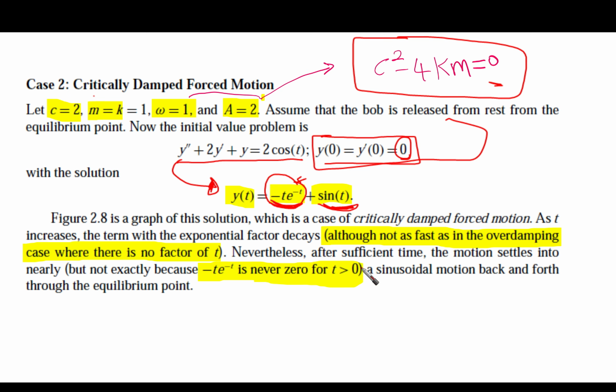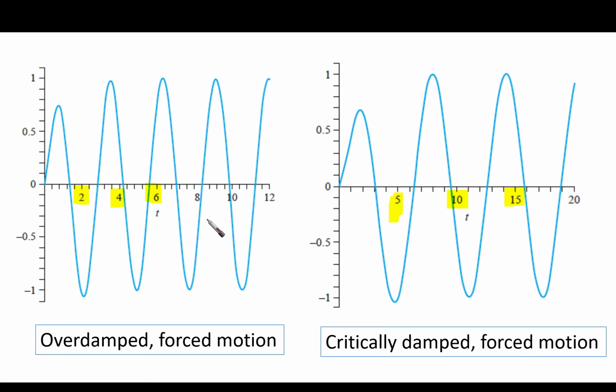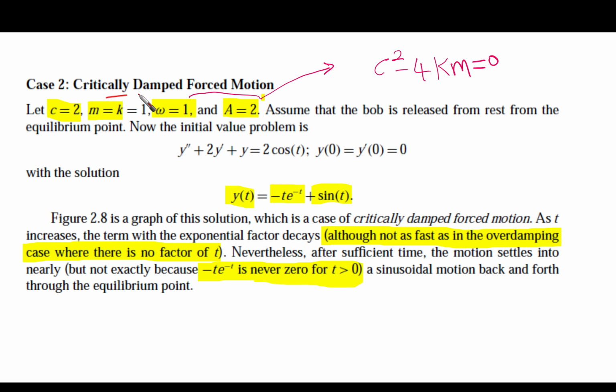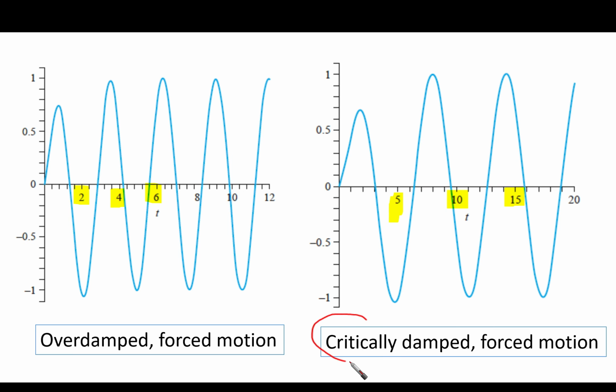Nevertheless, after sufficient time, the motion settles into nearly, but not exactly, sinusoidal motion back and forth through the equilibrium point. Let's go and see. Yes, this is what will happen here. So we are talking about the critically damped graph here.